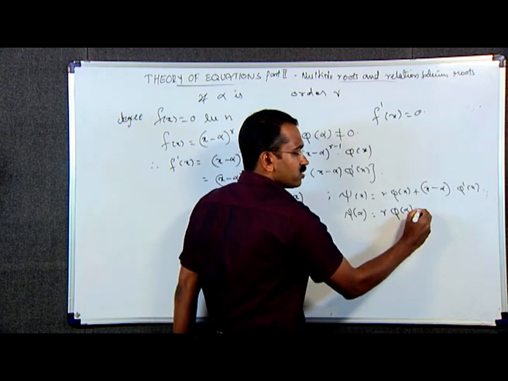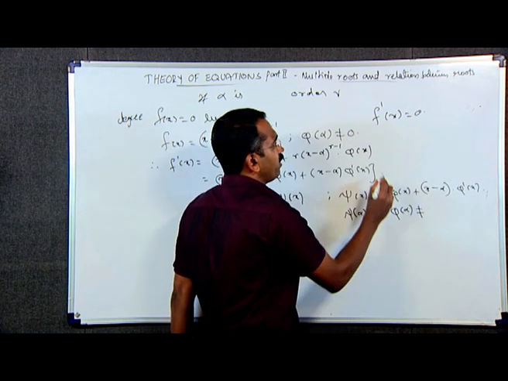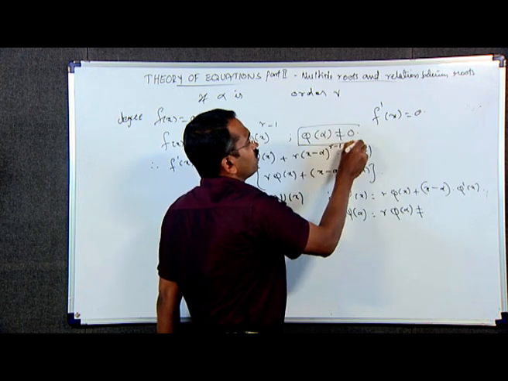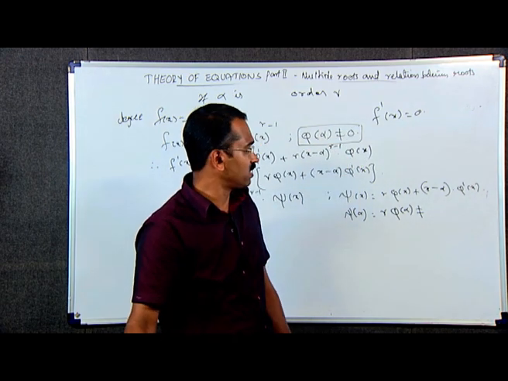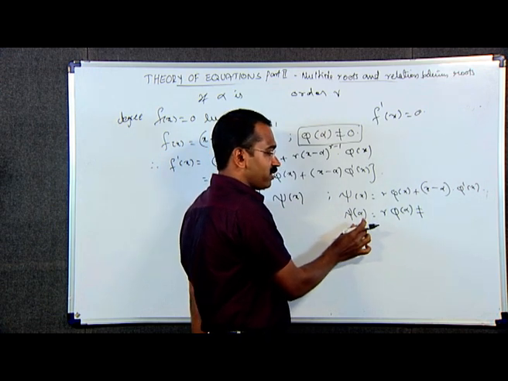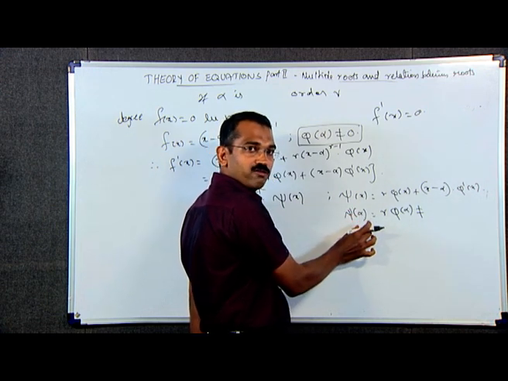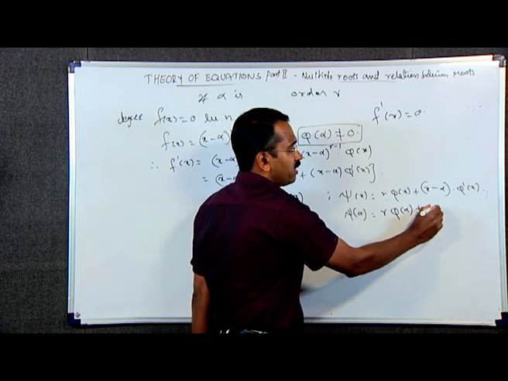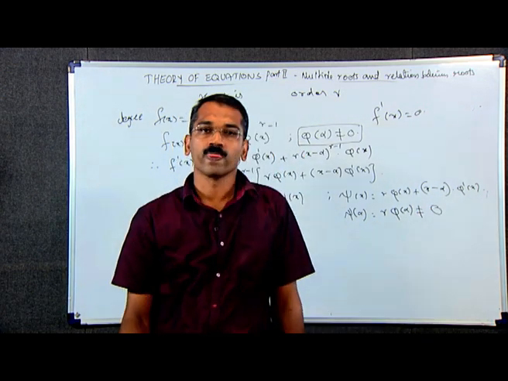This is not equal to 0, because phi of alpha is not equal to 0, which is our condition. Therefore, the function at alpha, that is psi of alpha, is not equal to 0.